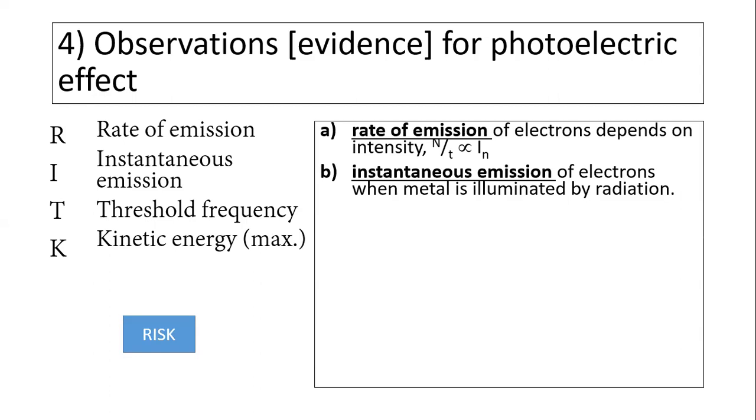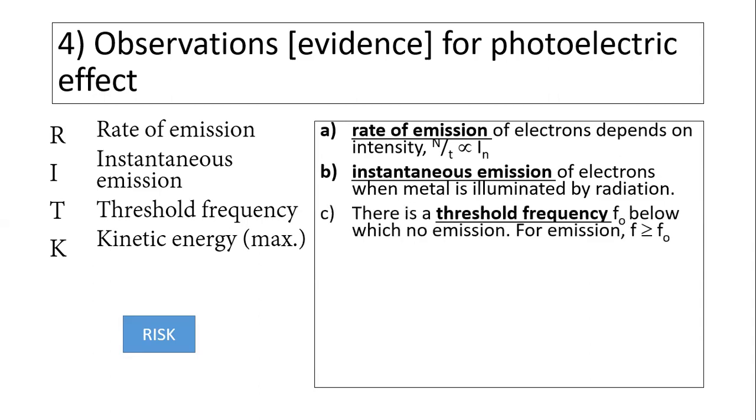Instantaneous emission of electron when metal is illuminated by radiation. Straight away, as soon as you shine the electromagnetic radiation on the metal surface, the electron is emitted. Threshold: that means the radiation must have a frequency that's higher than the threshold frequency for emission to occur.